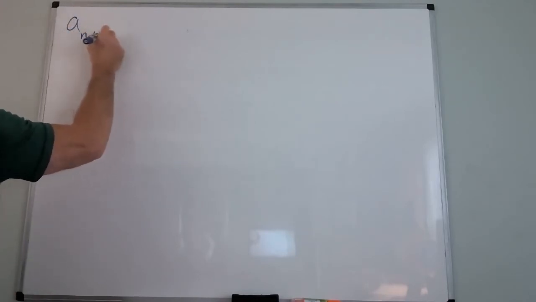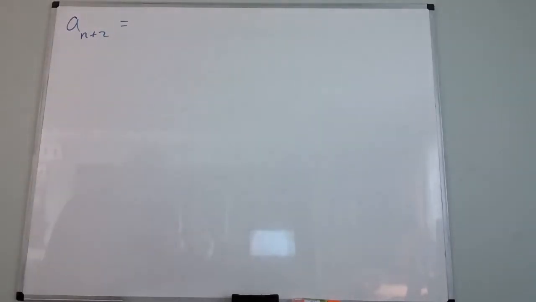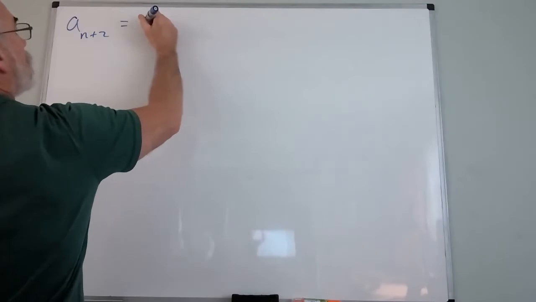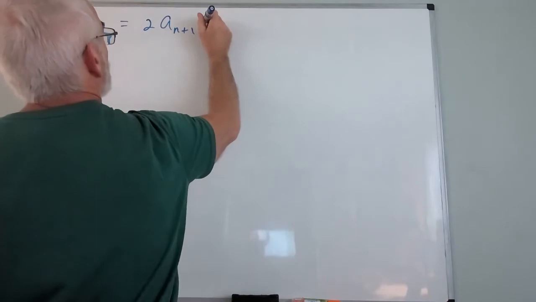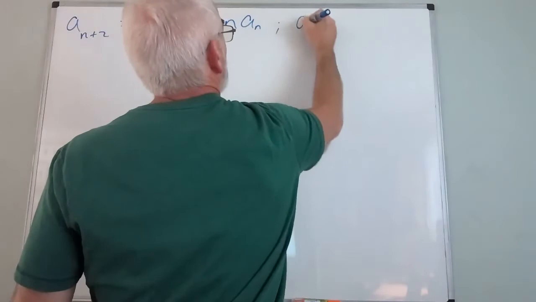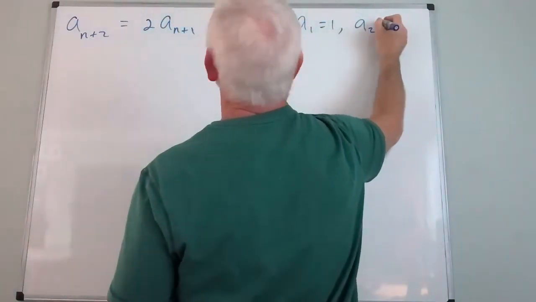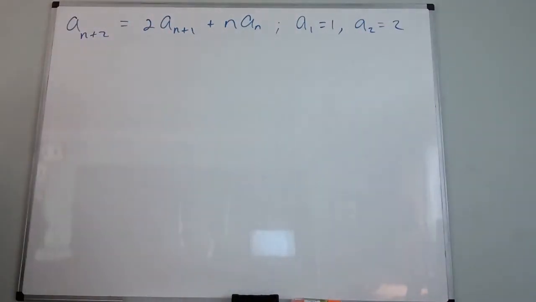Let's suppose I have a recursion, let's say a_{n+2} equals 2a_{n+1} plus n times a_n. a_1 is 1 and a_2 is, let's say, 2. I always like to start with small numbers, otherwise this can get out of control really fast.